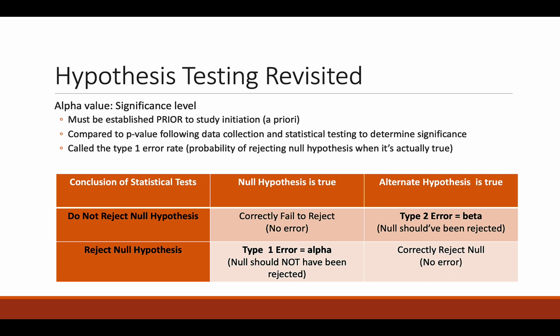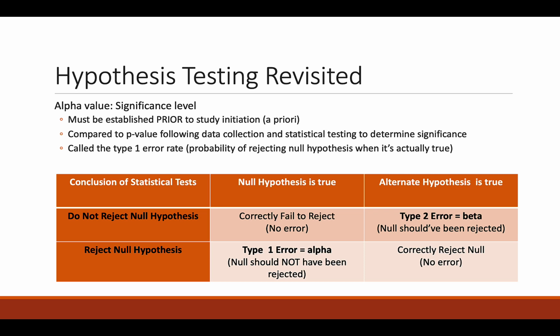If we don't reject the null hypothesis when the null hypothesis is true, we correctly fail to reject it and there's no error. However, if the alternative hypothesis is true and we don't reject the null hypothesis, we've just made a type 2 error. This error is known as beta. It's the chance that we will fail to reject the null hypothesis even though the null hypothesis was actually false.